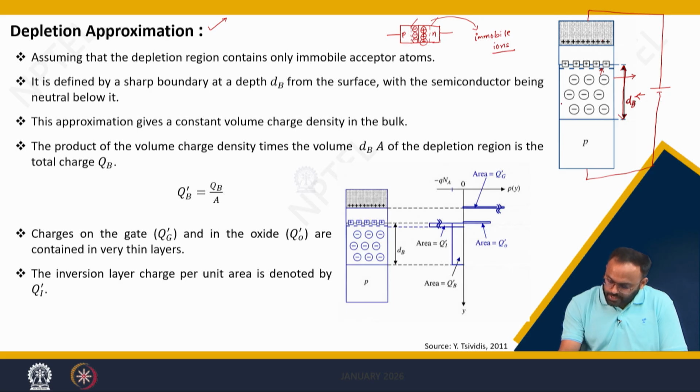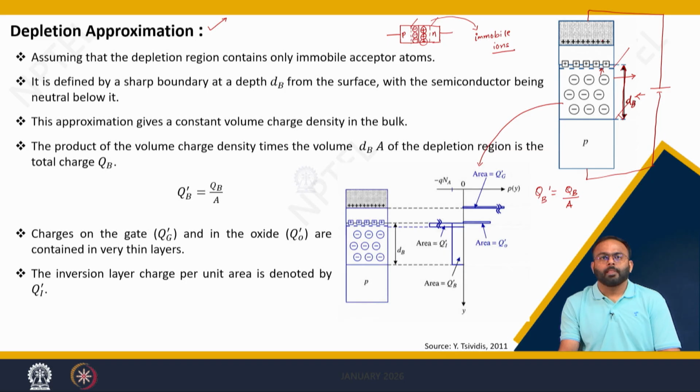If we want to calculate the total charge present in it, we can simply use this condition where we plot the charge density, and we divide by the area, because we are dealing with the quantity charge per unit area. So qb dash is given by qb per unit area, right.